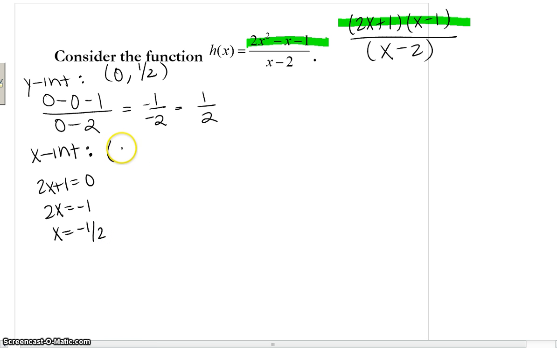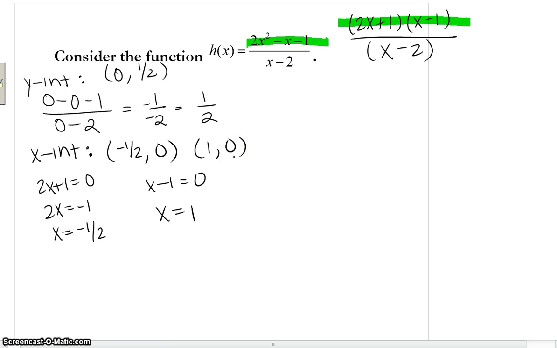So we've got one intercept at (-1/2, 0), and we've got x minus 1 is equal to 0, so x is equal to 1. So we've also got (1, 0).